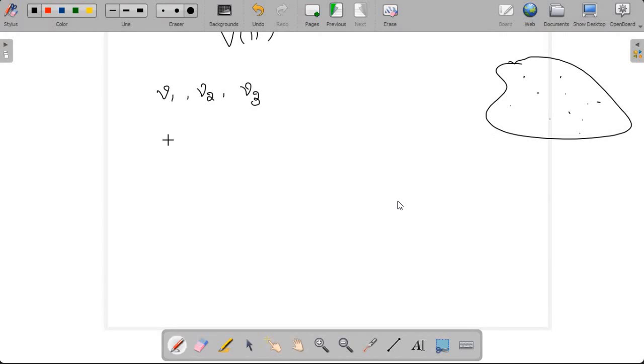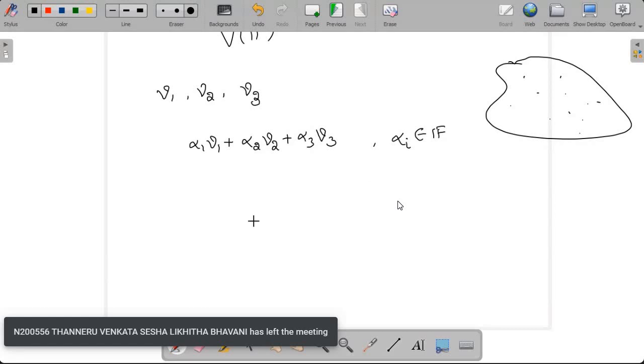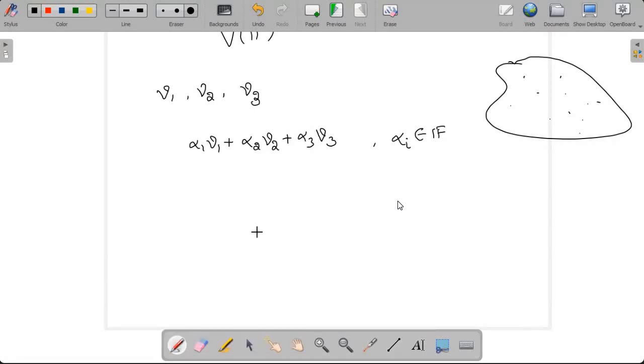Now if you write alpha 1 into v1 plus alpha 2 into v2 plus alpha 3 into v3, where these alpha i's are coming from the field. I'm multiplying each vector with a scalar and I'm adding those results. And this is what we call a linear combination of these three vectors.